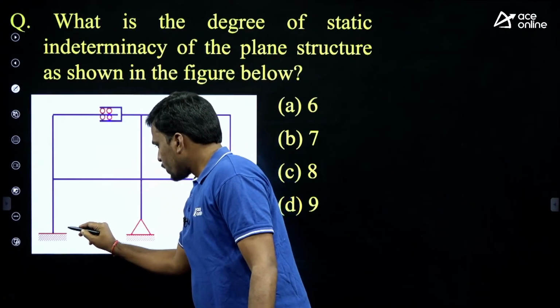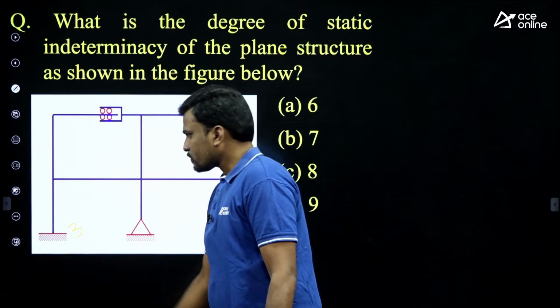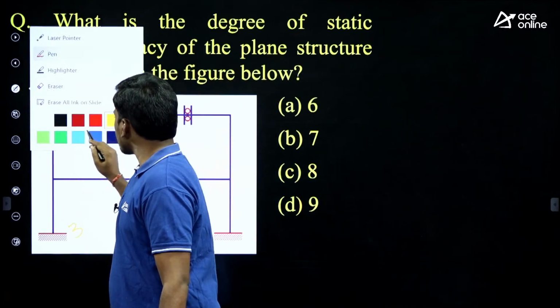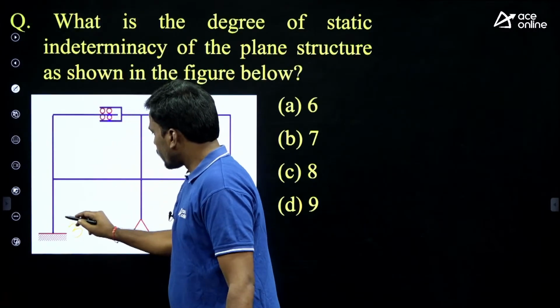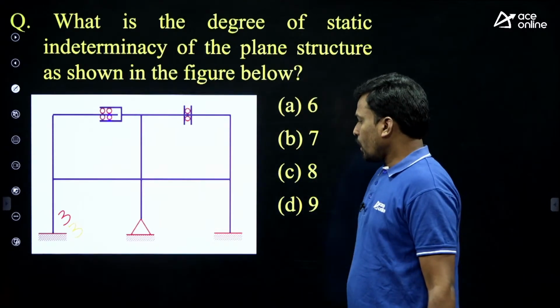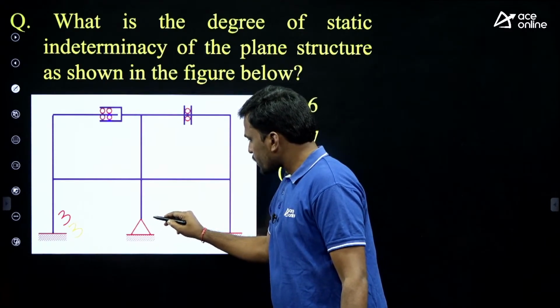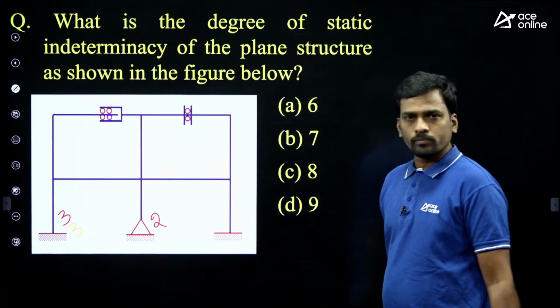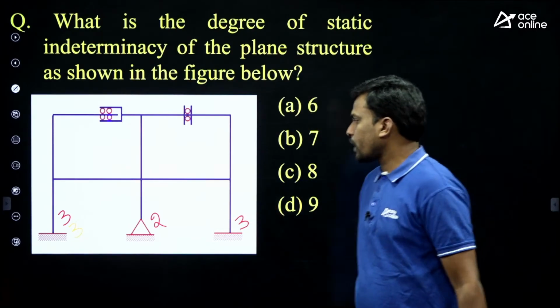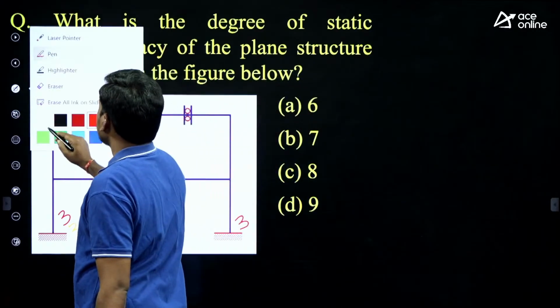at the fixed support, the number of reactions is 3. At the hinged support, the number of reactions is 2. And at the fixed support, the number of reactions is 3. Right.